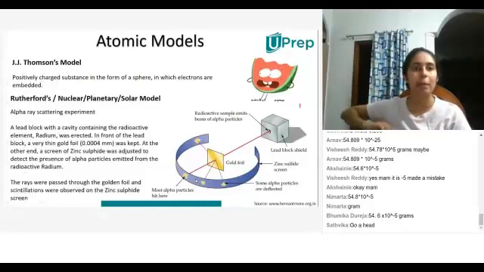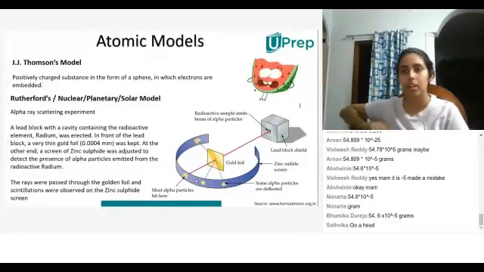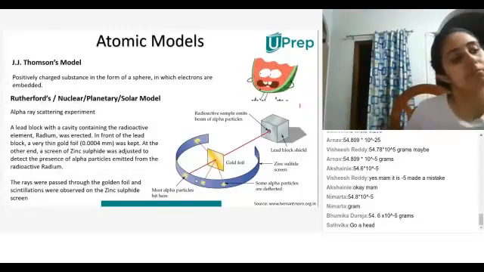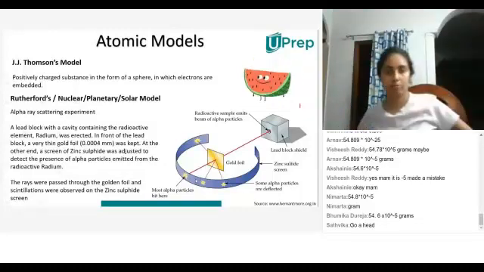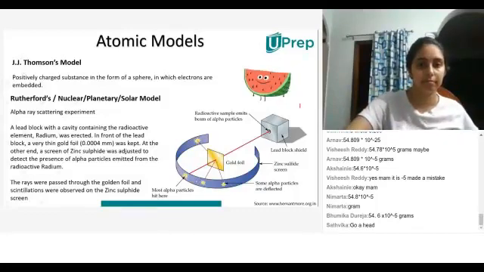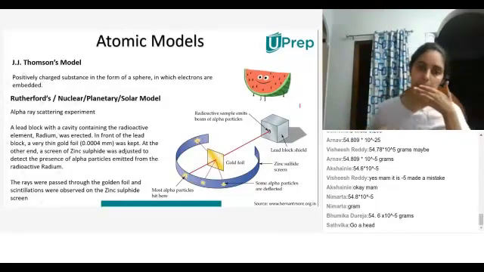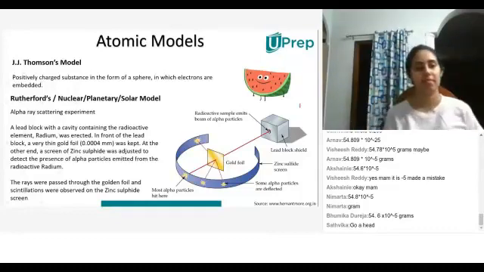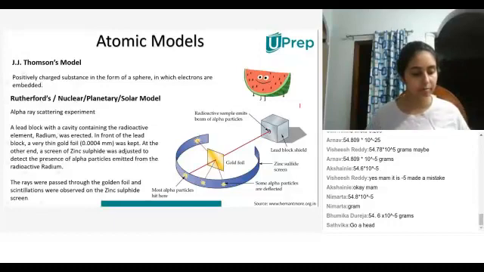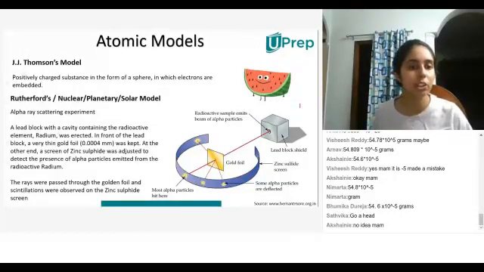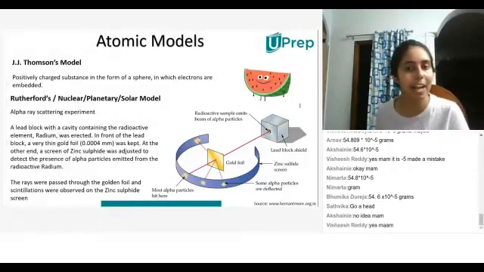Talk about the atomic models. Do you guys already know this? So you don't know J.J. Thomson's model of an atom?